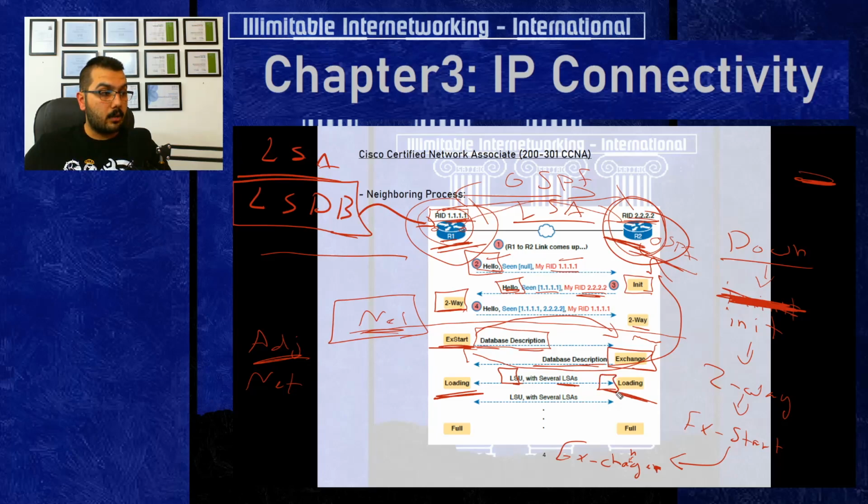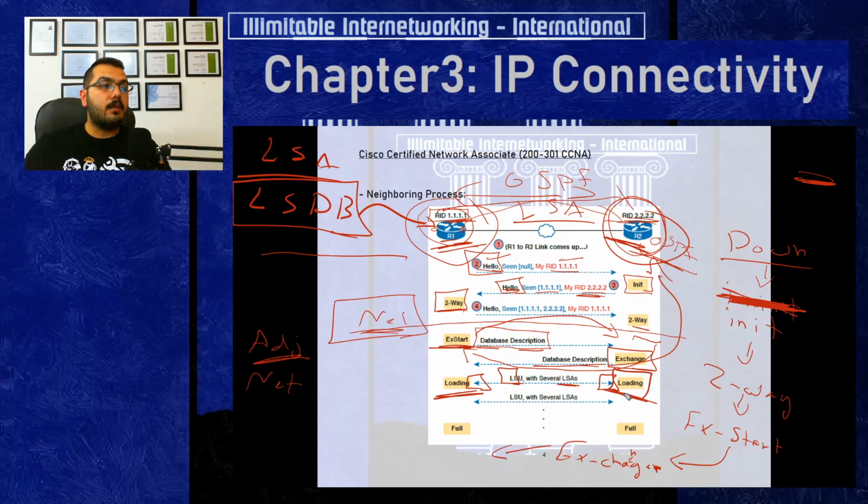You can see the arrow has two heads, in both directions, so they will keep exchanging information. This is the state where most of the time happens, taking most of the duration of the neighbor or adjacency relationship.